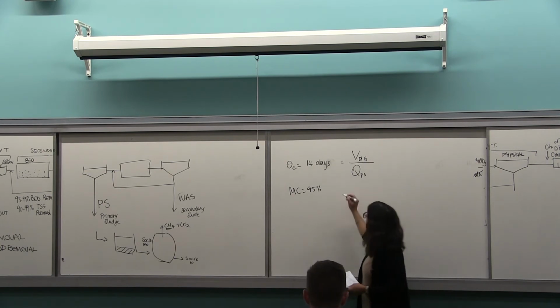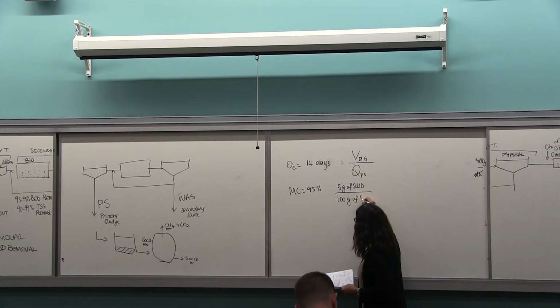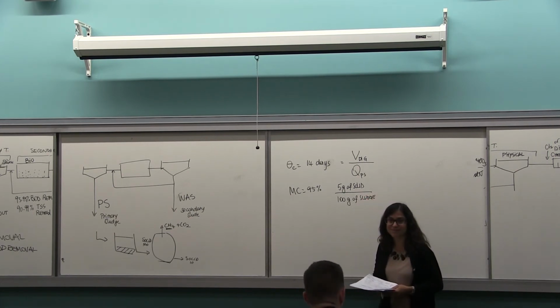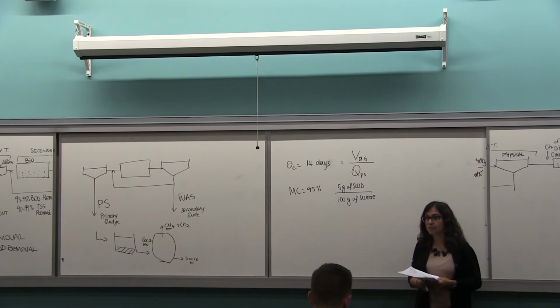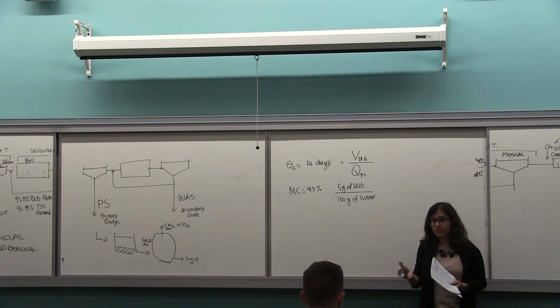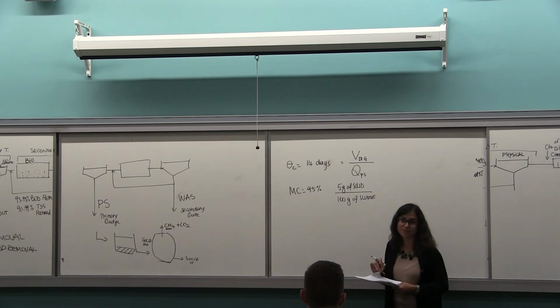Essentially, we have 5 grams of solids every 100 grams of sludge. That's 95% moisture content. So 5% solid content, right? That's what it means. Moisture content is the water percent, so 5% solids.